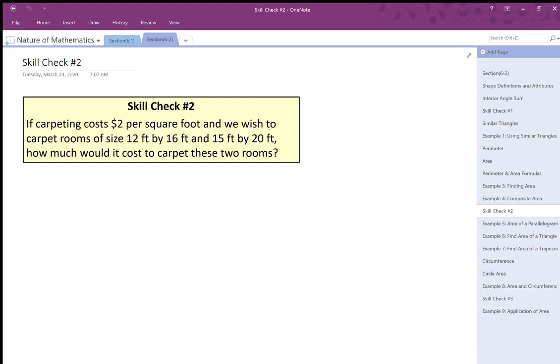Skill check number 2. If carpeting costs $2 per square foot and we wish to carpet rooms of the size 12 by 16 and 15 by 20, how much would it cost to carpet these two rooms? So 16 times 12 and 15 times 20.